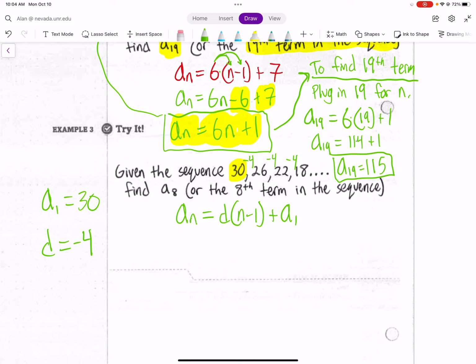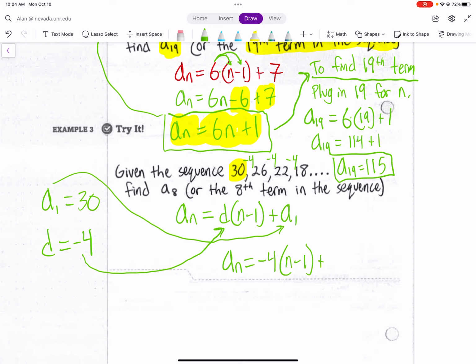And we plug in a sub 1 into our formula here, and we plug in d into the formula here. So this becomes a sub n equals negative 4 times n minus 1 plus our a sub 1, which is 30. Now we simplify this formula. We need to distribute this negative 4.